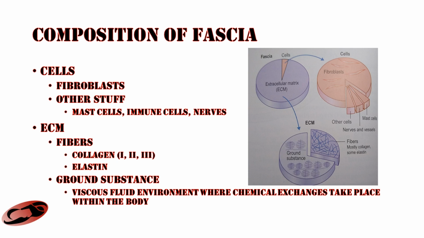Type 2 fibers are cartilage, vertebral discs, and things like that. Type 2 is generally thinner and holds more water, so it's like that cushion. Type 1 is denser and has an aligned lattice-like matrix.